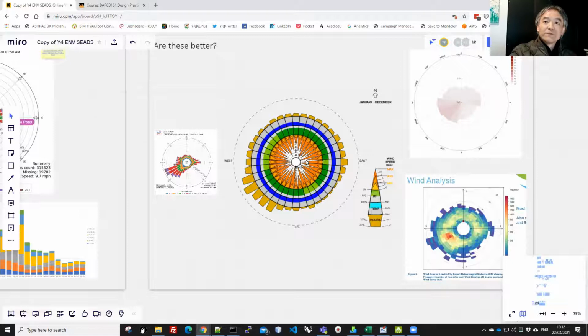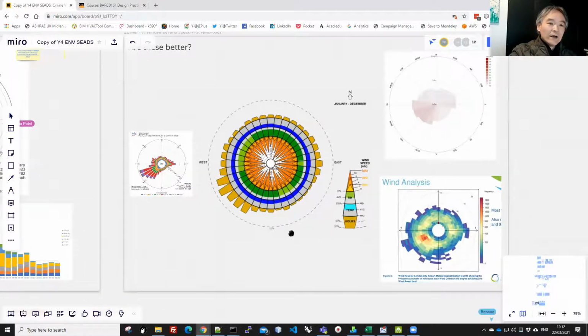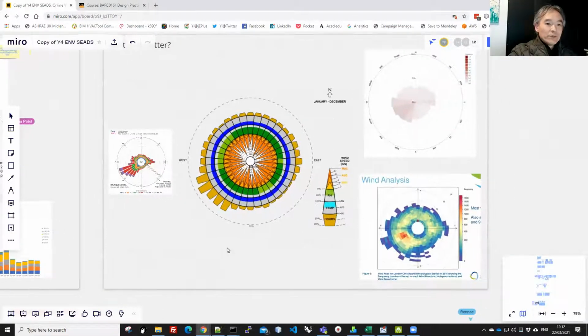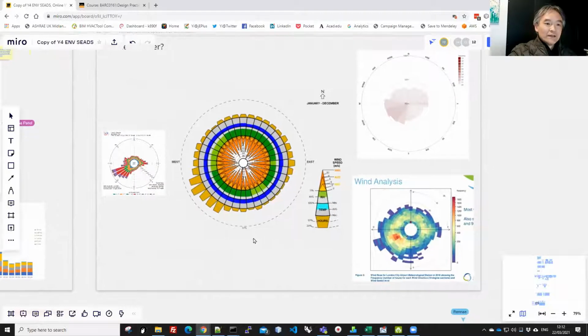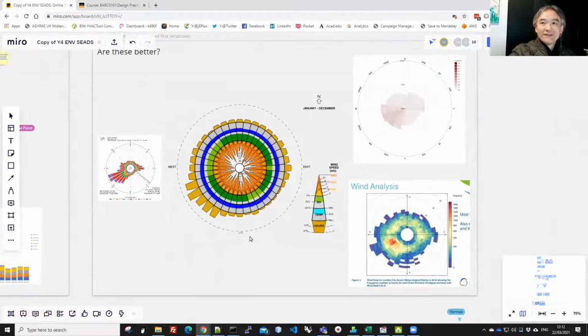Right. So one problem I have with this chart is it's too complex. You have to stare at it for, I don't know, 3 minutes in order to understand what it's telling you, because there's so much information in there. Now, there is a use for that. During a 10 minutes presentation, you probably don't want to show this to your client.